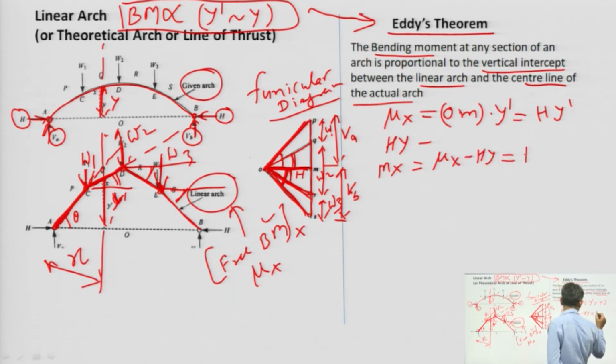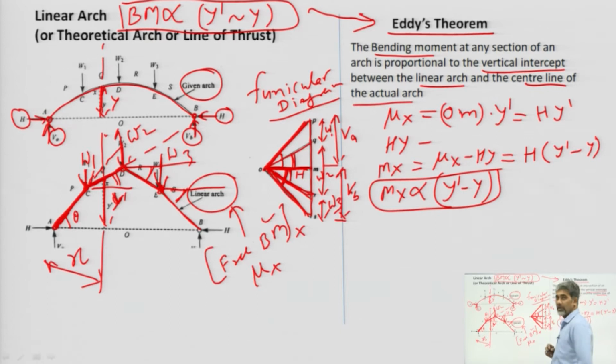H is common, so it is y dash minus y. So, m x is directly proportional to y dash minus y. This is the proof of Eddy's theorem.